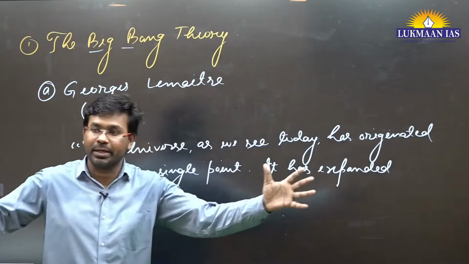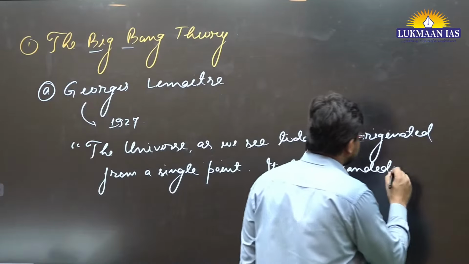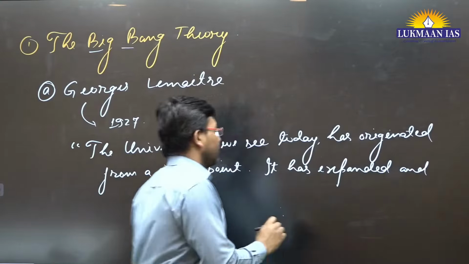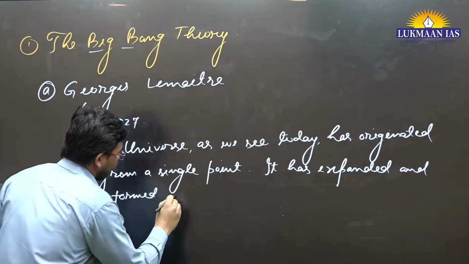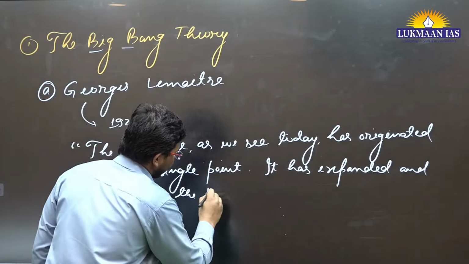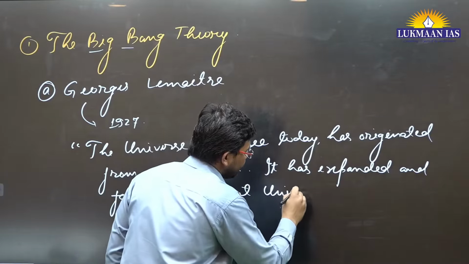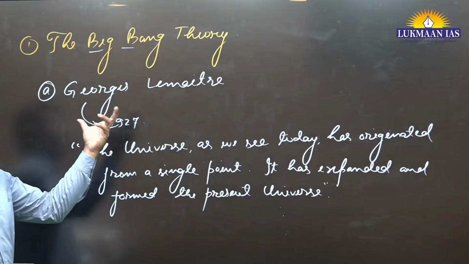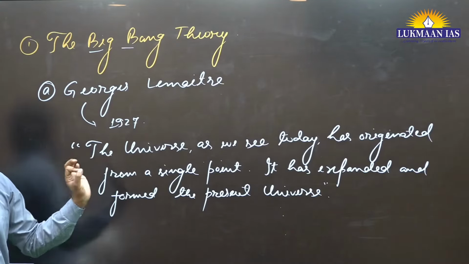Expanded means it has become larger, it got inflated. It has expanded and formed the present universe. So this is what Georges Lemaitre said in 1927, long back.